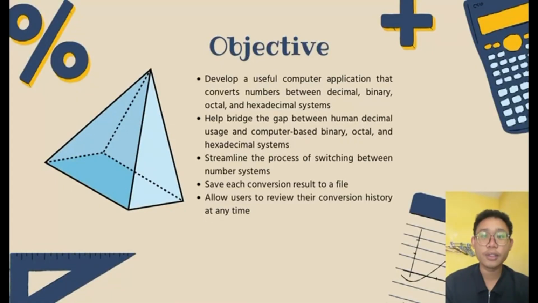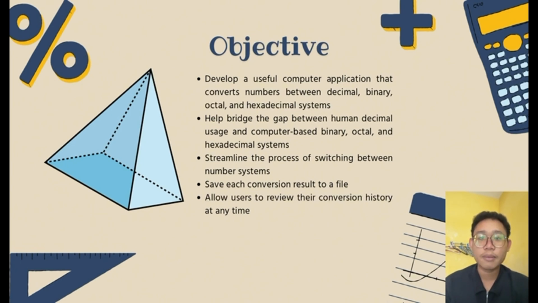Now, I am going to explain the objective of our number system converter program. First of all, the main objective of this project is to develop a useful computer application that converts numbers between decimal, binary, octal and hexadecimal system. This is because computers utilize binary to think and use octal and hex system to organize data, while humans use decimal numbers daily in our life.